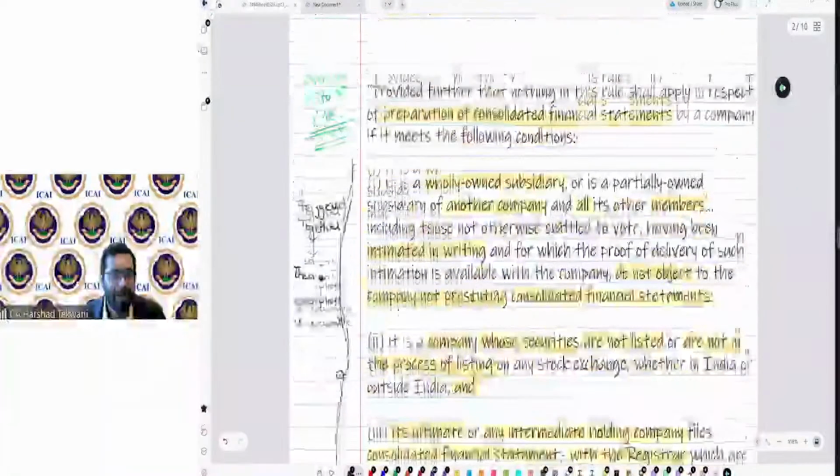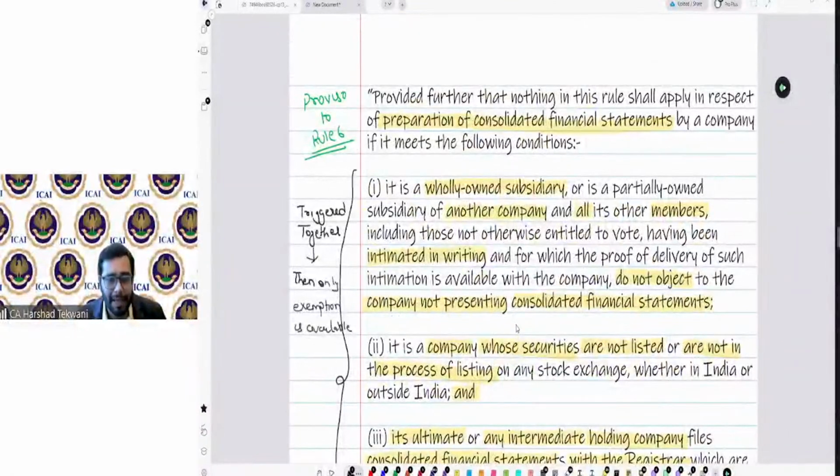Okay, so when it says all its other members, including those not otherwise entitled to vote, what it means is, for example, if it is a wholly owned or a partly owned subsidiary, then one of the members will be the holding company also. So other members means other than the holding company.